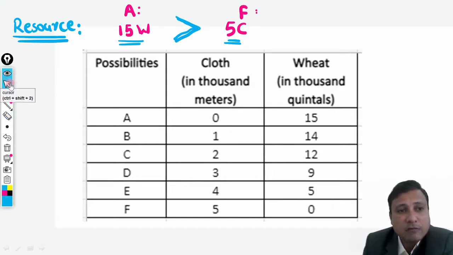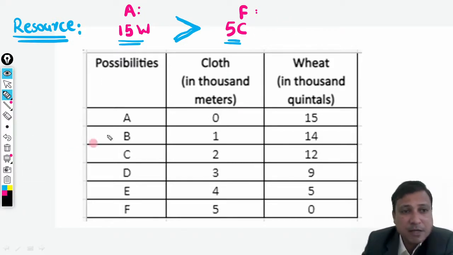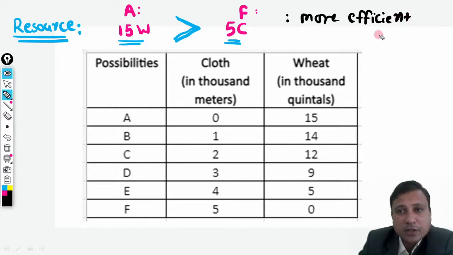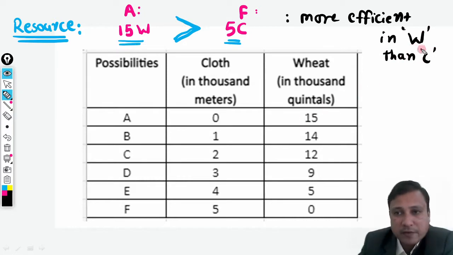Whatever resources you have, using those fixed resources, my country is able to produce 15W, whereas in F my country is able to produce only 5C using all the resources. So in simple terms, my resources seem to be more efficient in the production of wheat than cloth. Now I hope you have understood this part.